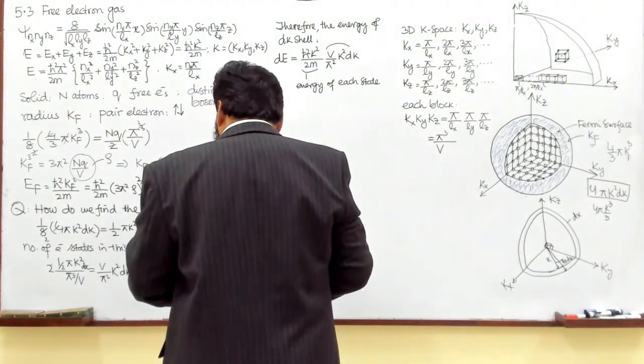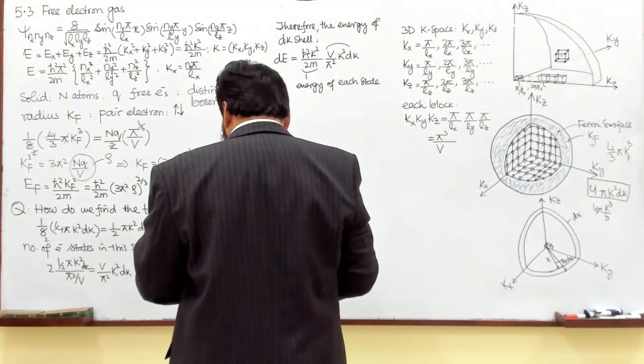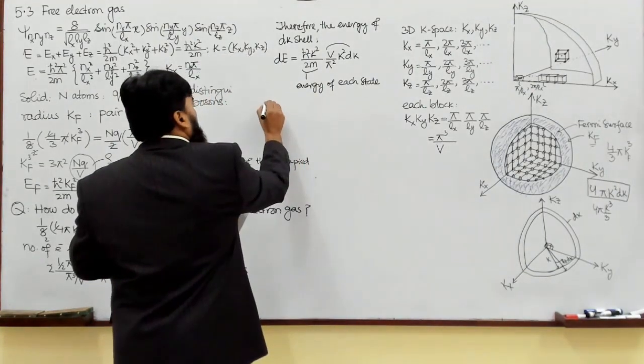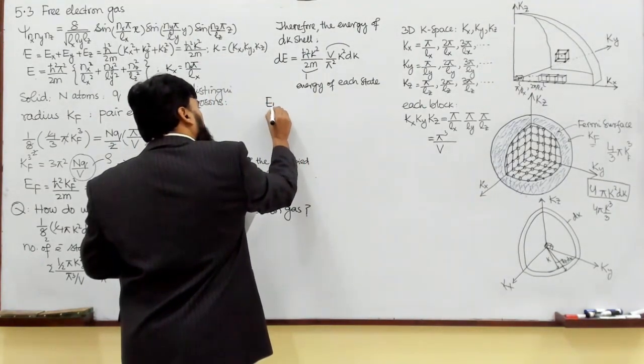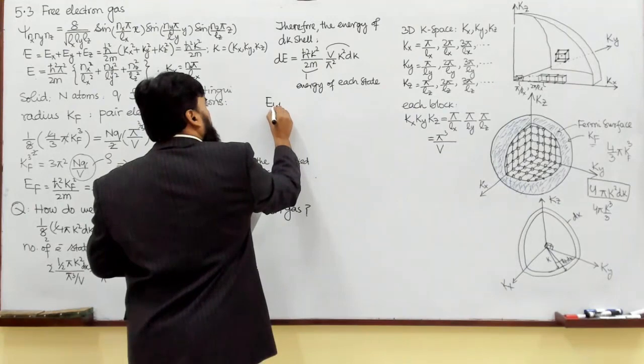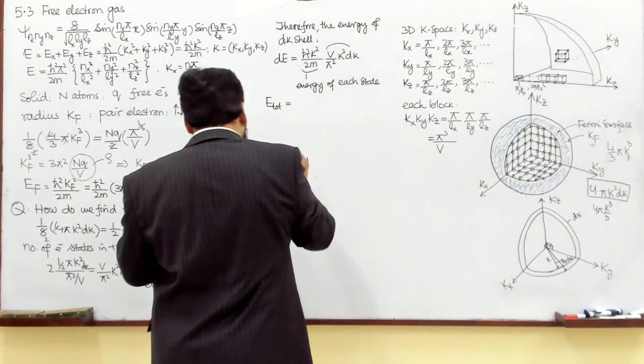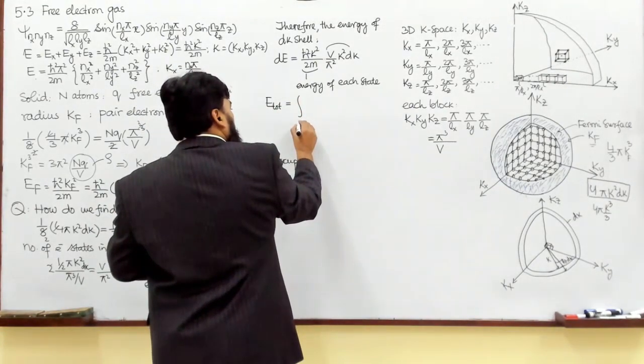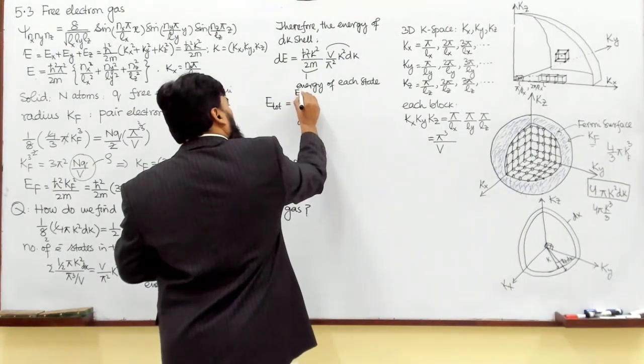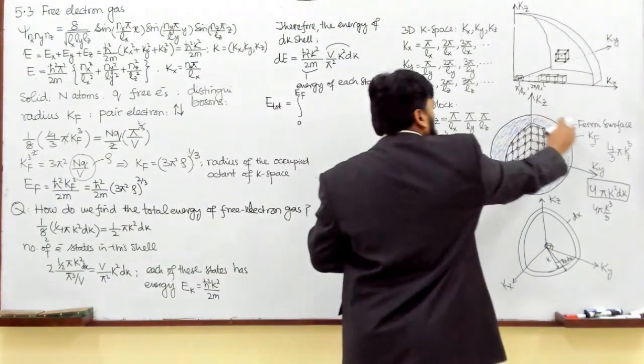I can now write that the total energy, I will now do the integration, the total energy will be equal to the integral from 0 to the Fermi energy.